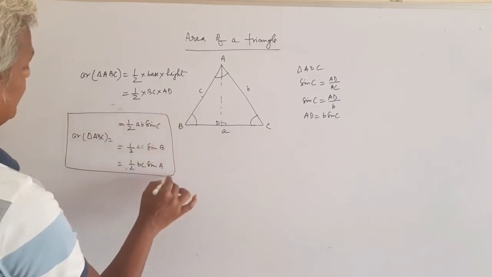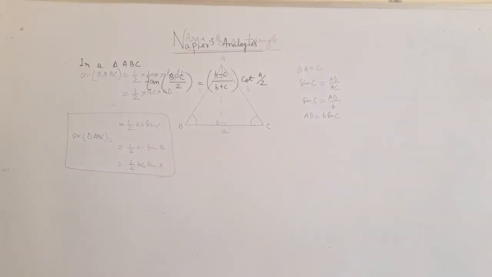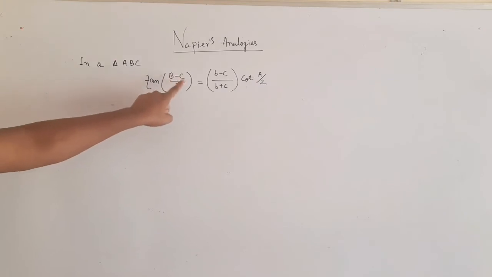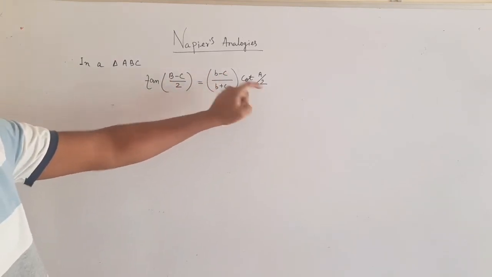And after clearing this mess, I'll discuss Napier's analogy. So these are Napier's analogies. It says that in a triangle ABC, tan of (B minus C) upon 2 is (b minus c) upon (b plus c) into cot A by 2.